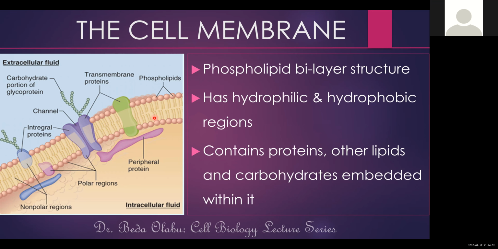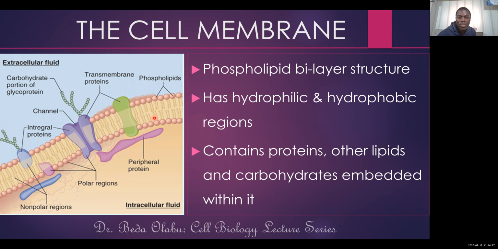It means there are binding sites for things like hormones. They are receptors. You can have enzymatic proteins. It means they catalyze biochemical reactions. You can have antigenic proteins. It means they induce immunological responses.